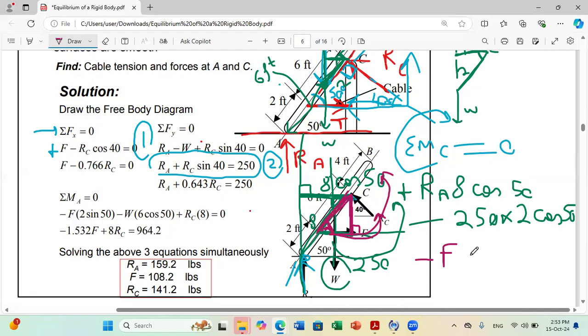So minus F times 6 sine 50 equals 0. Now this is your third equation. You end up with a system of 3 equations and 3 unknowns, and you can solve for all of your unknowns. Question on this?